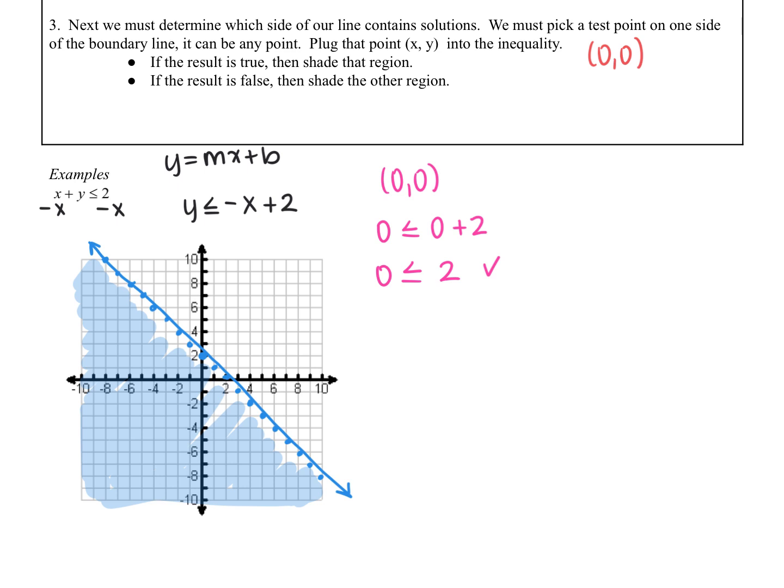So any point that falls, because it's an equal to, on the line or below the line, is considered a solution to this inequality. There's a lot of different points that you could potentially use, so there's not just one solution. Any point that falls in our shaded region is a solution.